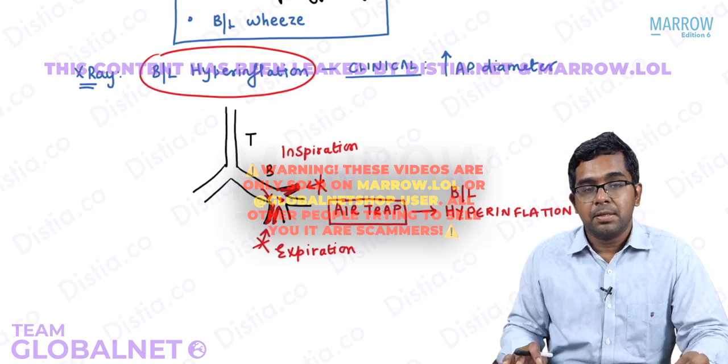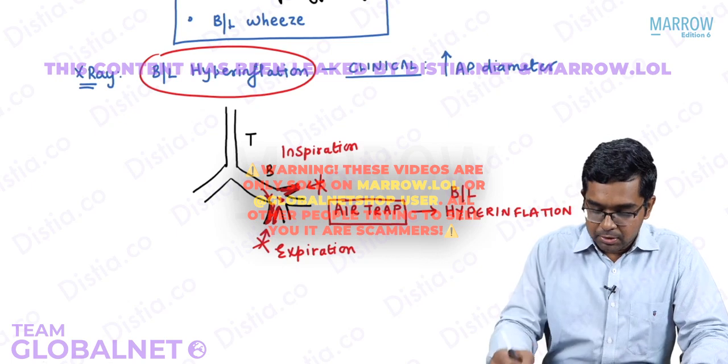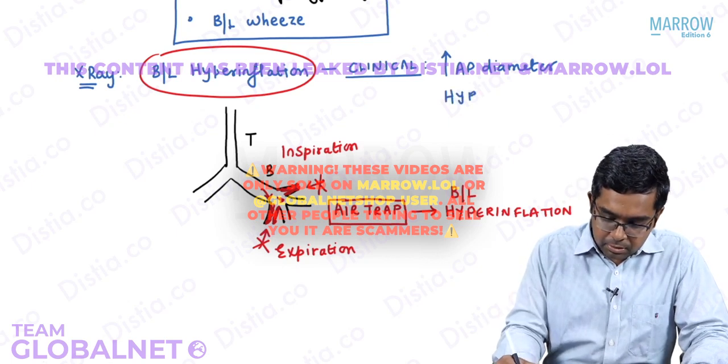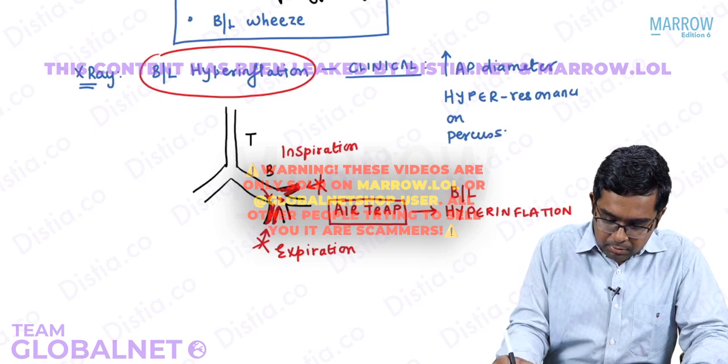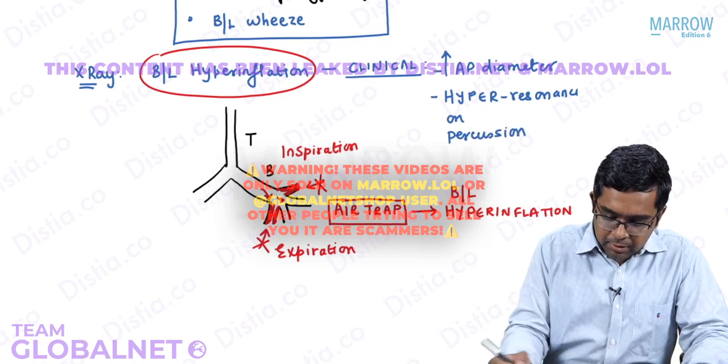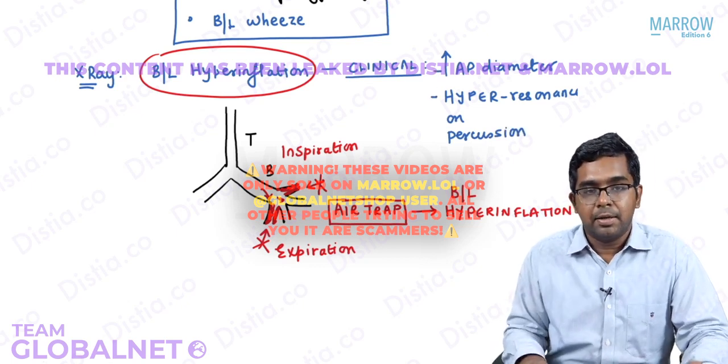Second thing, if you start percussing over the lung fields, you will have hyperresonance on percussion. Okay, these two are clinical findings noted due to bilateral hyperinflation.